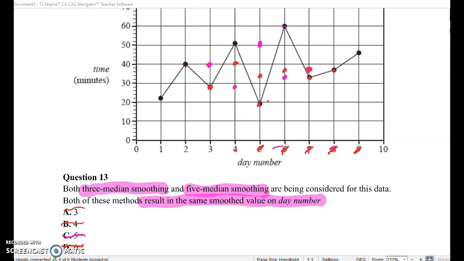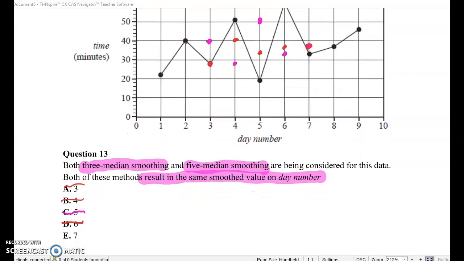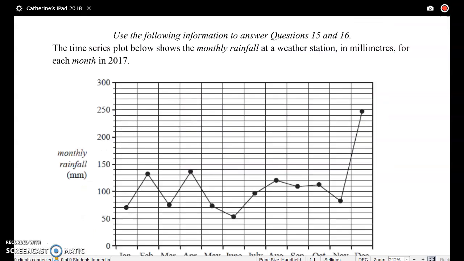It is on day 7 that we have our points being the same. So 13 is E. And 45% of the state answered that one. So that one you really have to sit there and do carefully, because it can be a little bit fiddly.